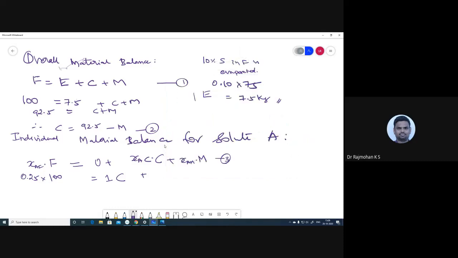So we can substitute that value here. What we get is 0.0654 M. Let it be equation 4. The relationship we had is equation 2.